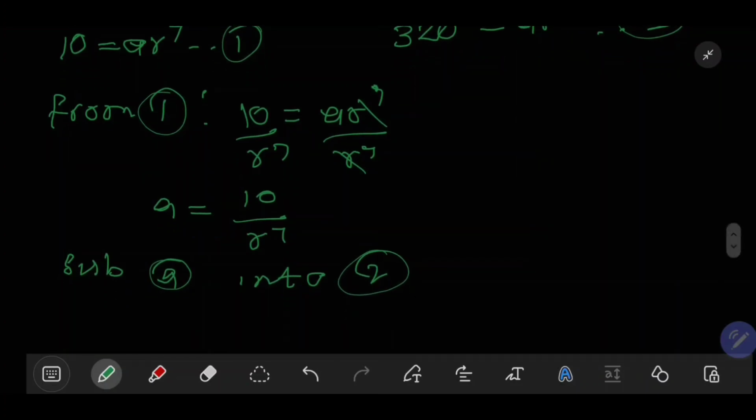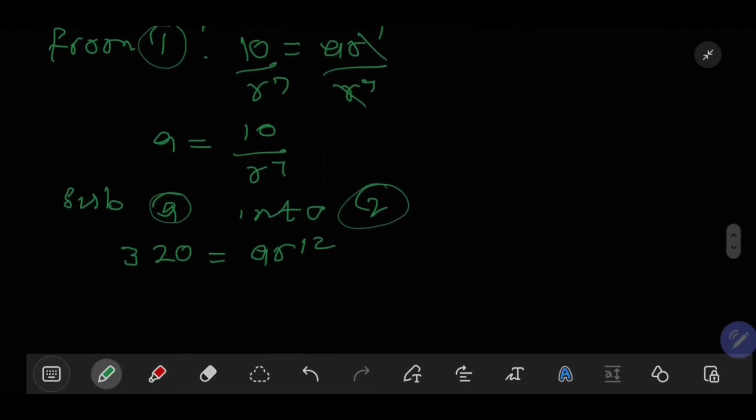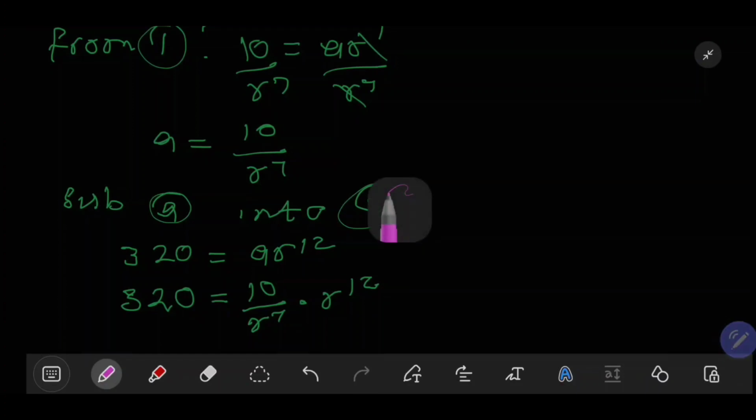Equation 2 says 320 is equal to ar^12. So where we see a, we put 10 divided by r^7. So 320 is equal to 10 divided by r^7 multiplied by r^12.